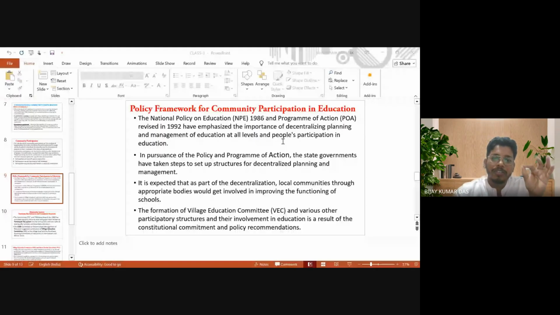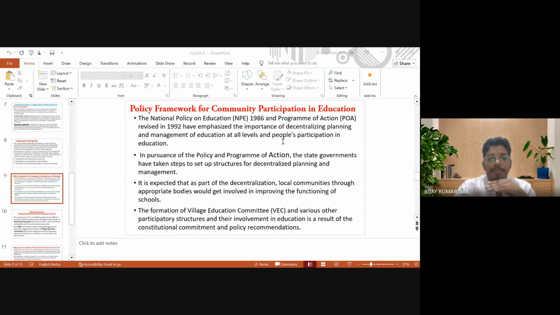What does the act provide? Adequate representation of women, scheduled caste and scheduled tribe. The 11th schedule of the constitution, among other things, entrusts the panchayat bodies with the responsibility of looking after education including primary and secondary school, technical training and vocational education. Also adult and non-formal education is highlighted there.